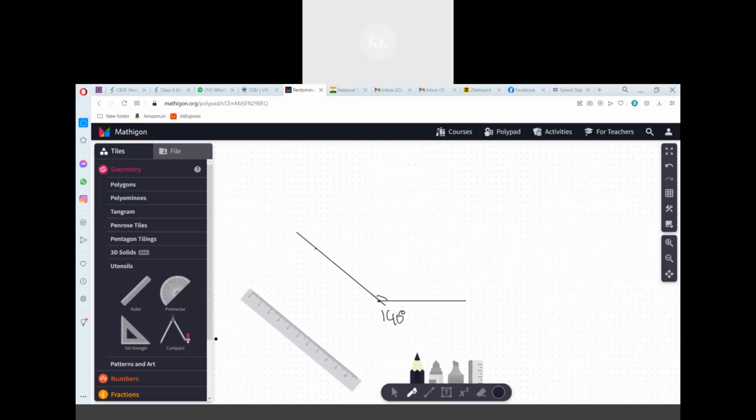Now how to bisect this? To bisect it, we have to again make use of the compass. Let me bring it here. It's more than half.